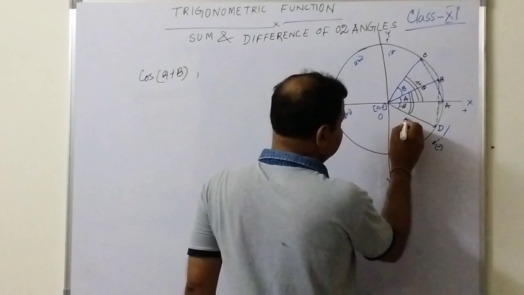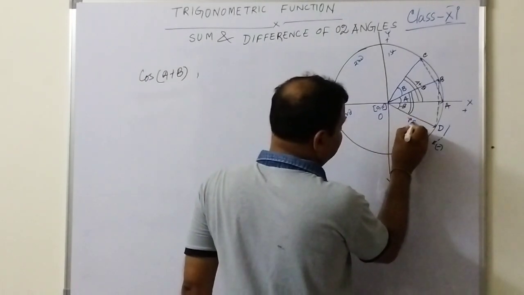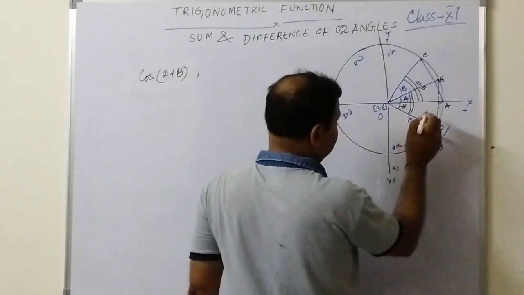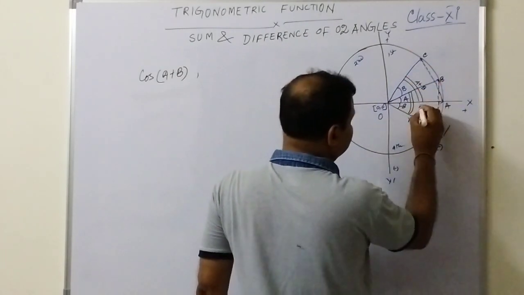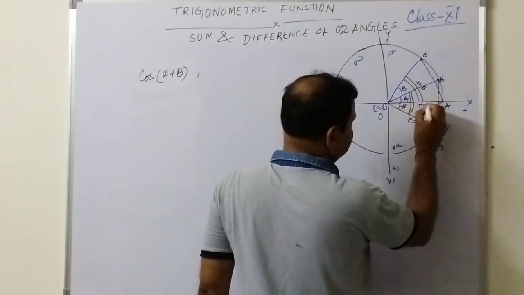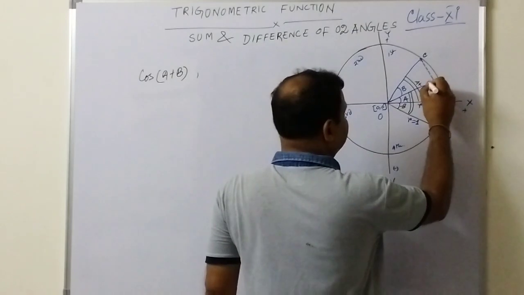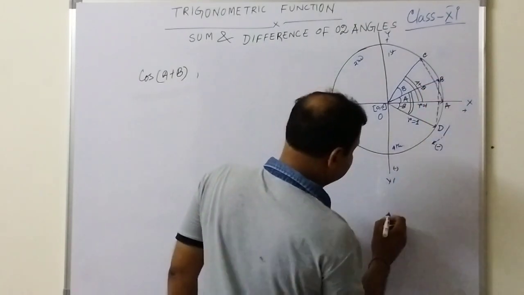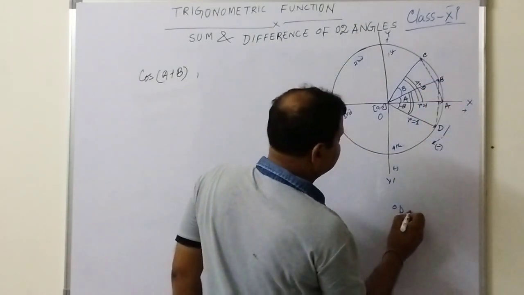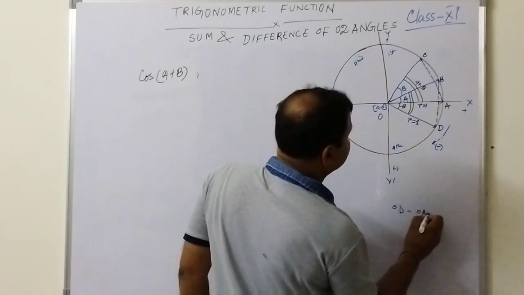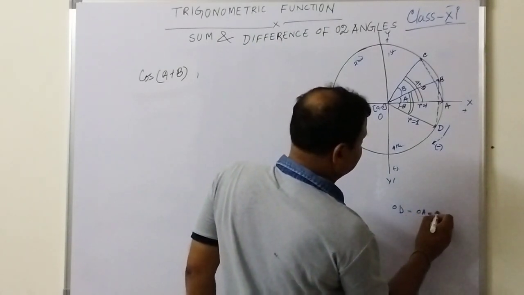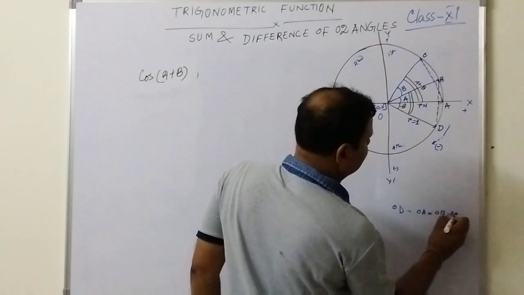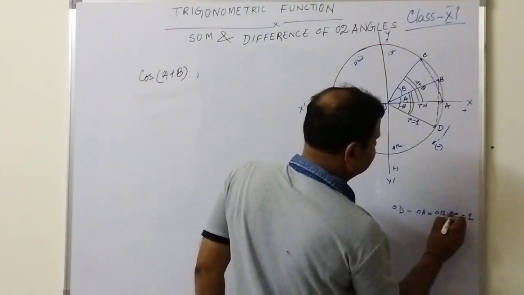Unit circle means the radius is 1. Let's consider the circle is a unit circle, so the radius is 1. This is also 1. It means OD equals OA equals 1, the radius, and OB equals OC equals 1 unit. Right?